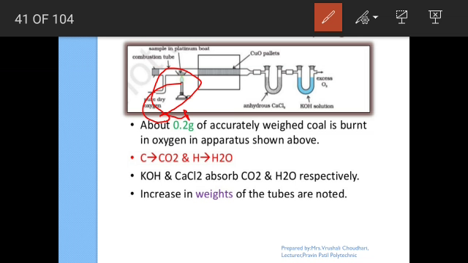KOH is absorbing carbon dioxide and the calcium chloride absorbs the moisture, and whatever the increase in the weight of these tubes, we are going to use to determine the percentage of carbon and hydrogen.